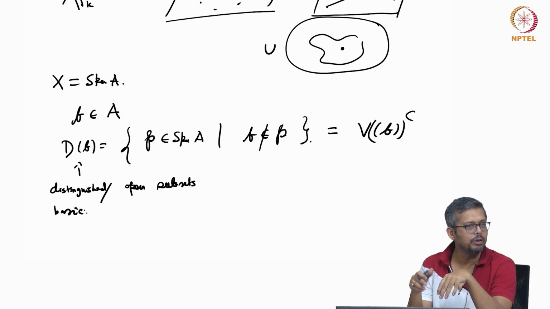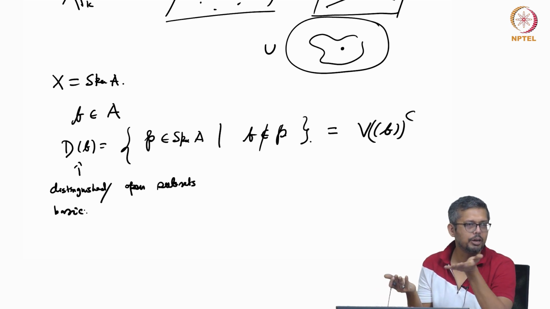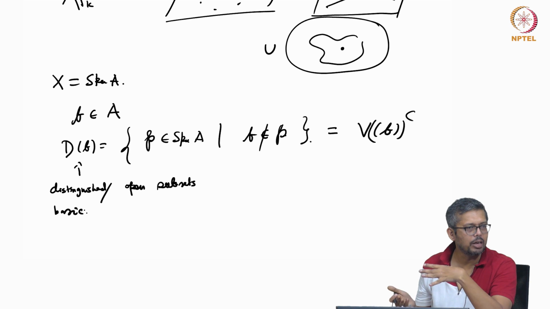So whenever you want to define a sheaf on some topological space, it is enough to do it for the basis. If you know the sheaf, say a sheaf of abelian groups or sheaf of rings, it's enough to do it for this D(f). So for working purposes, these open subsets are very important, because once you do it for these, you can extend it because of the sheaf property.